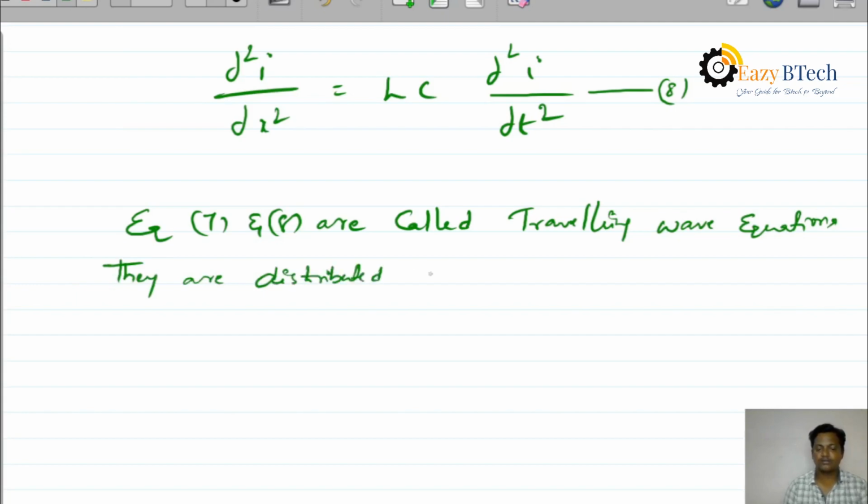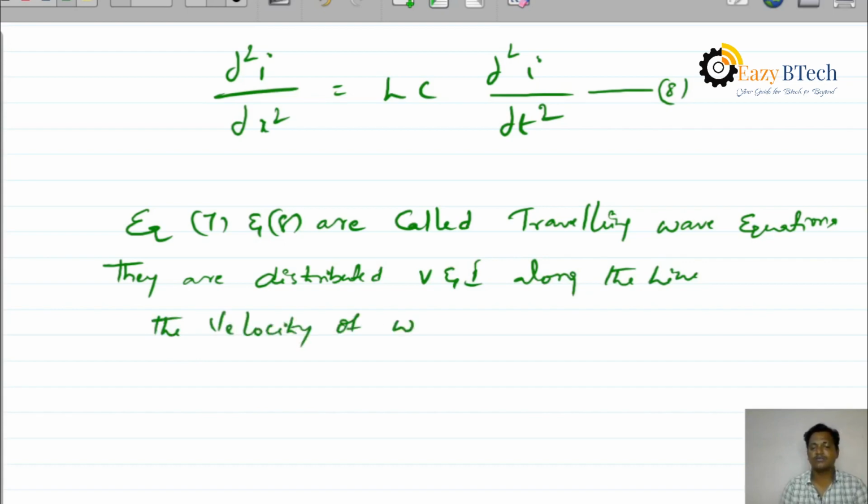Both voltage and current waveforms are distributed along the line. Therefore, they will travel with the velocity of the waves. The velocity of the waves, both voltage and current waves, is 1 by root LC for these cases.